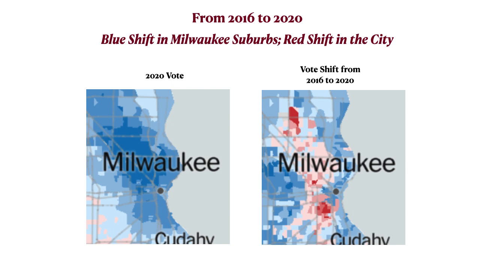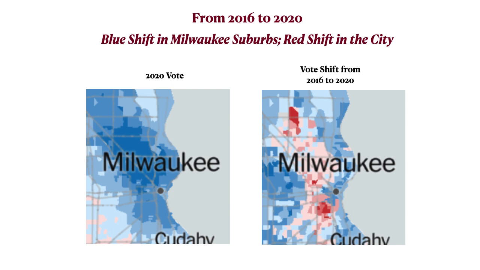What is most interesting, though, is from 2016 to 2020, there is a blue shift in the Milwaukee suburbs and a red shift in the city. So I have the 2020 vote, and it's not like the 2016 vote. That sharp divide is no longer there. The suburban areas have trended to the Democratic Party and away from Donald Trump's populist Republican Party.